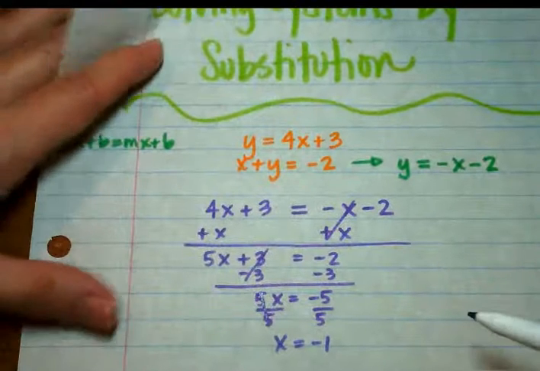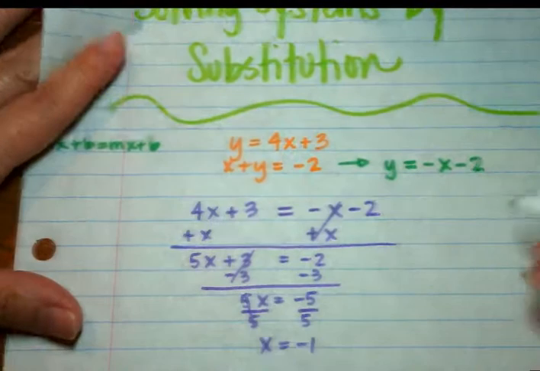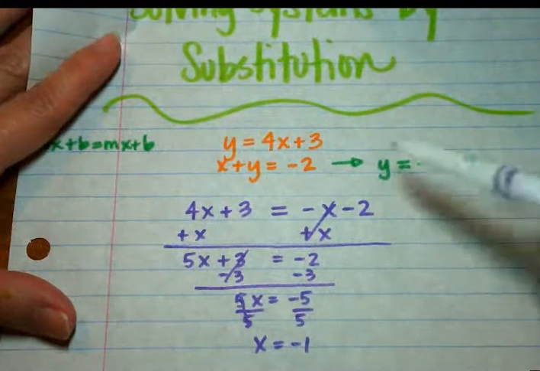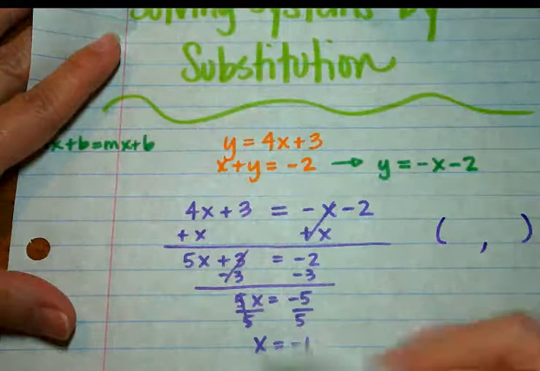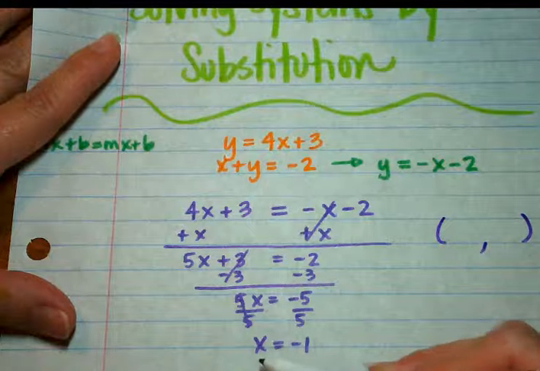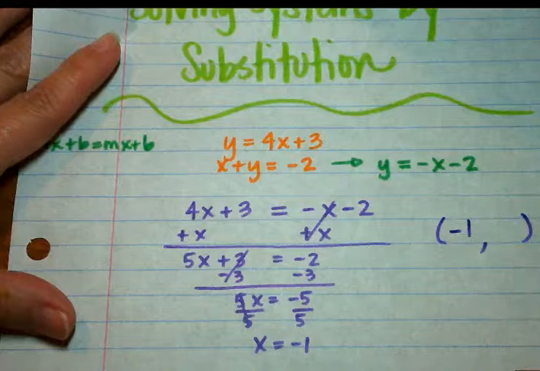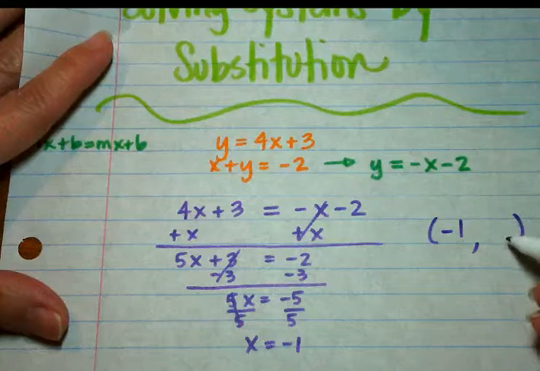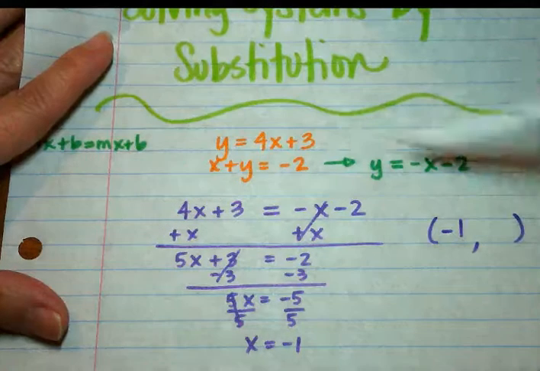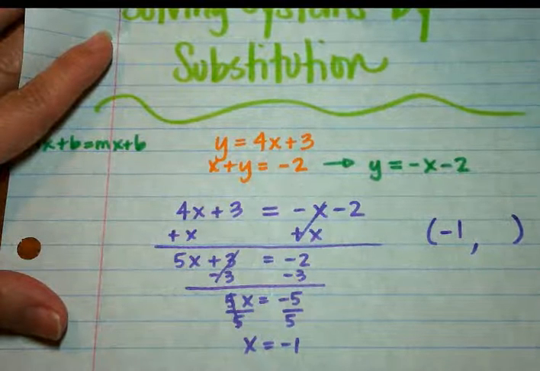At this point I would ask you if you're done, and the answer is no, because we're trying to figure out where these two lines meet. They meet at an ordered pair, and the answer I got was for x, so I need to put that in the x spot. Now we need to figure out where they meet on the y. You can do that by filling it into either problem up here; it's completely your preference.